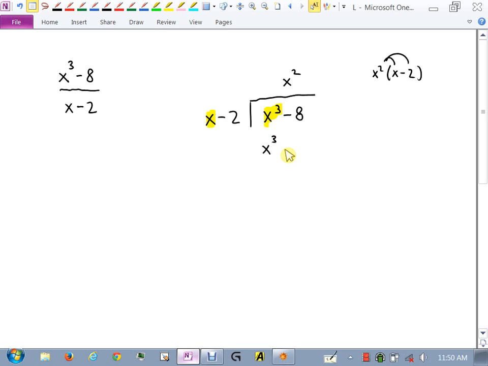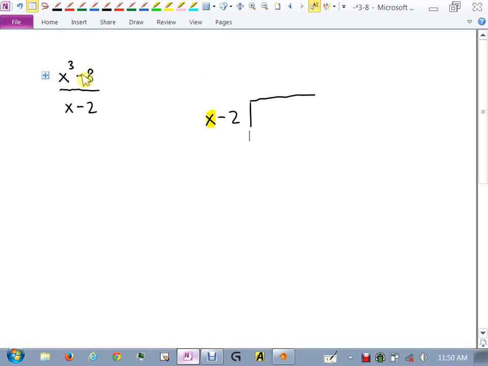Do you see the problem? Where am I going to put the negative 2x squared? If I put it right here and then try to subtract and change the signs, you cannot add negative 8 and 2x squared together. Students start to do that, and things start overlapping and you get confused. The workaround is that you must recognize at the very beginning that you are missing an x squared term and an x term.